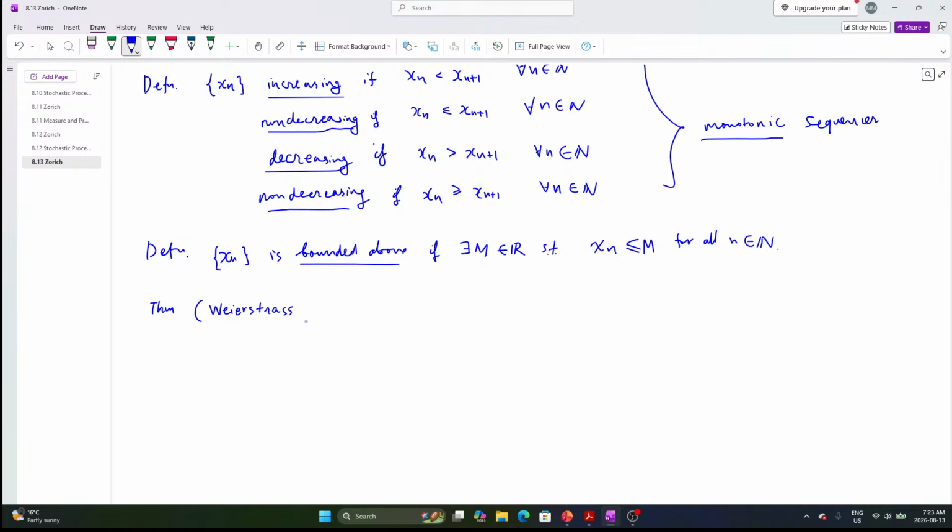It says, in order for a non-decreasing sequence to have a limit, it is necessary and sufficient that it be bounded above. Oh wow, what a way to phrase it. It feels like a sentence from the 19th century, but let's just write it as an if-then, paraphrased. I'm going to call this the monotone sequence theorem.